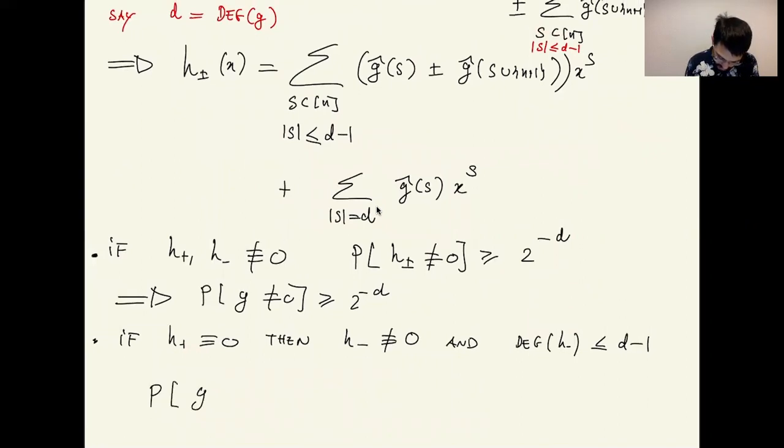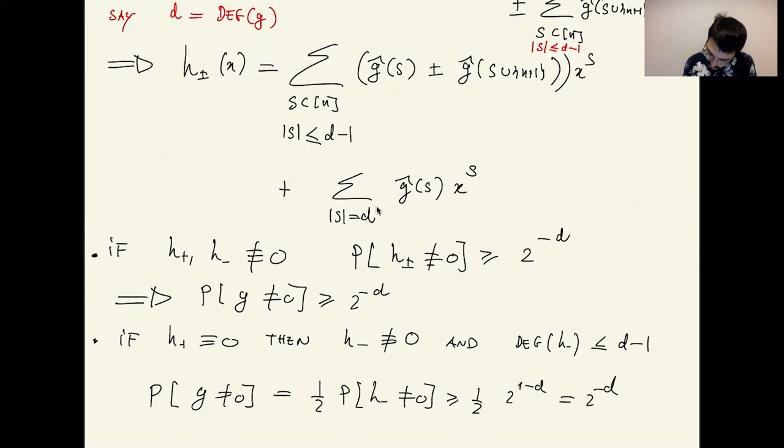So this is just equal to the probability of H minus being not 0. But by induction, this is greater or equal than 2 to the minus (D minus 1), which is at least 2 to the minus D. And so we close the induction case. Okay. So it's just a simple trick.